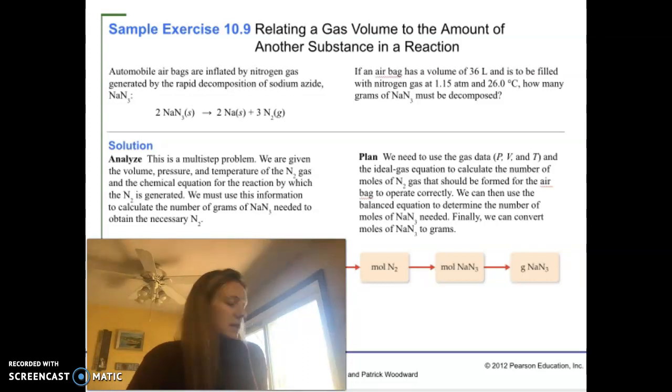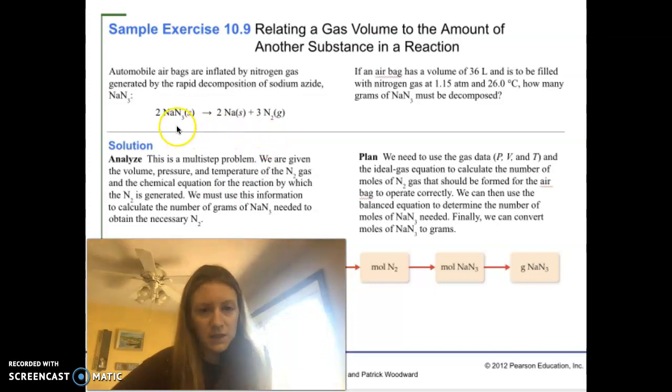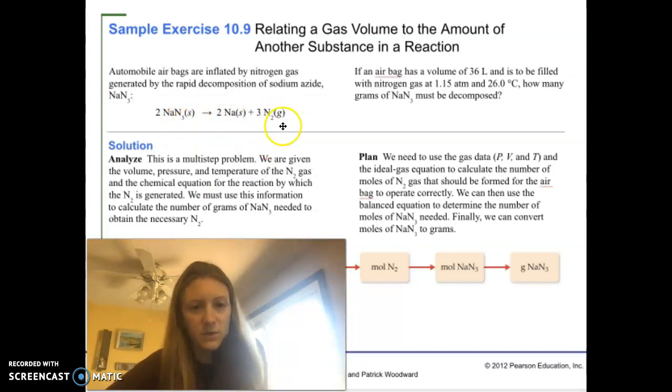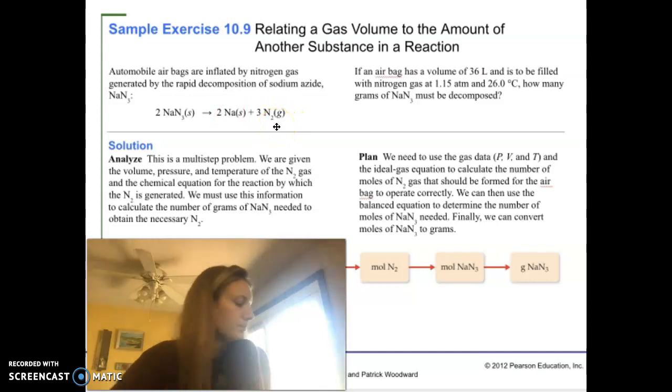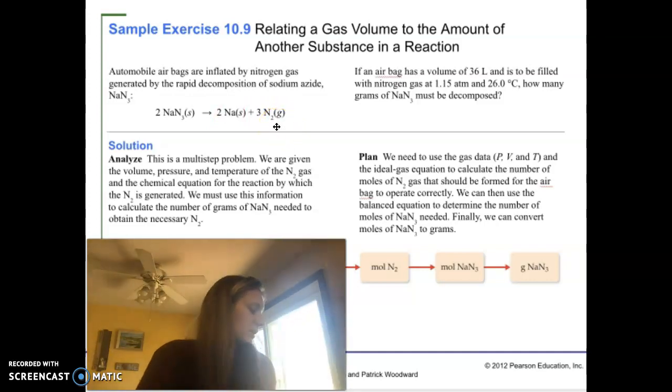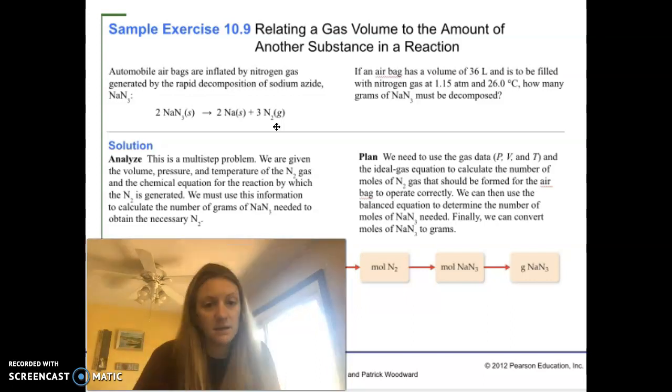So the equation is 2 moles of NaN3 solid will decompose into 2 moles of Na solid plus 3 moles of N2 gas. If an airbag has a volume of 36 liters and is to be filled with nitrogen gas at 1.15 atmospheres and 26.0 degrees Celsius, how many grams of NaN3 must be decomposed?